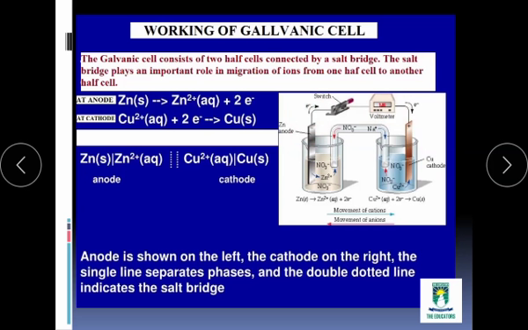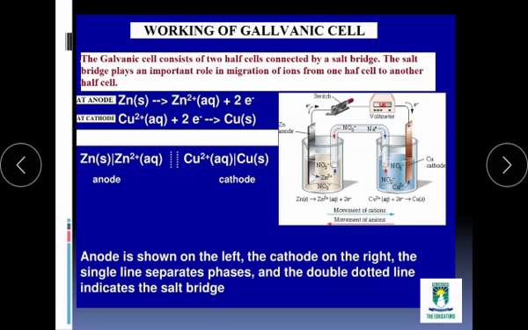These electrons are gained by the copper ions in solution and copper atoms deposit at the electrode. The respective oxidation and reduction processes take place, so a redox reaction occurs here because zinc undergoes oxidation and copper undergoes reduction.